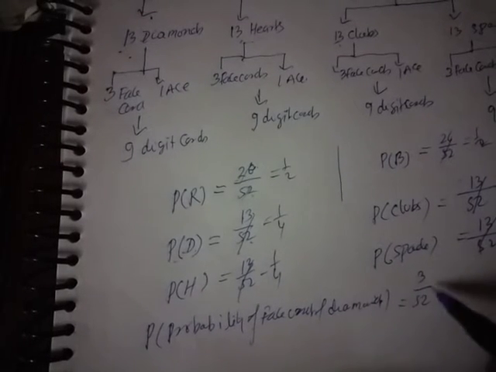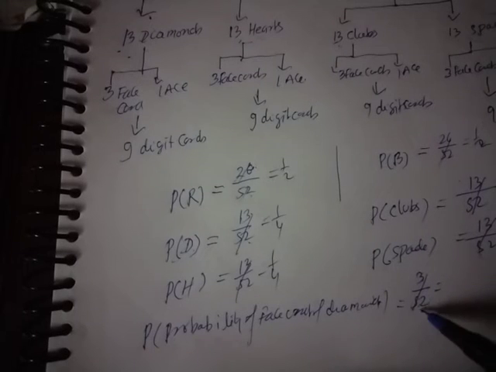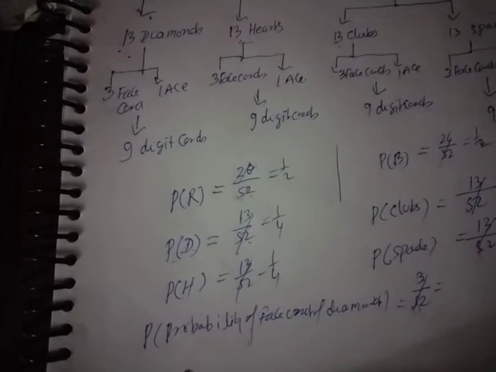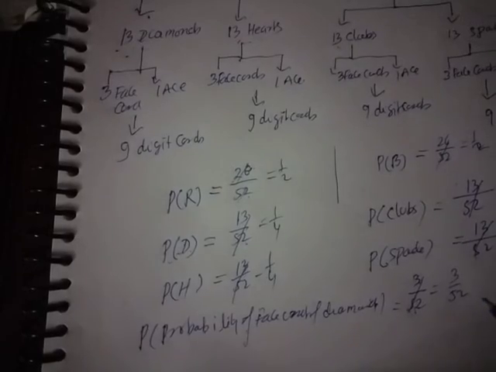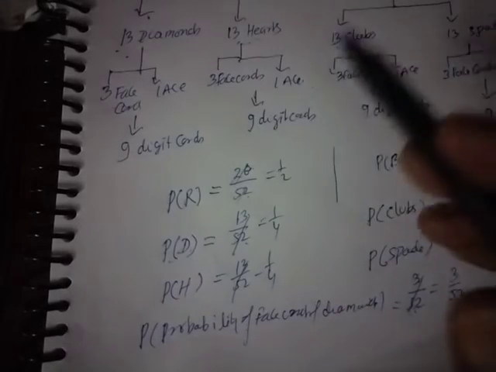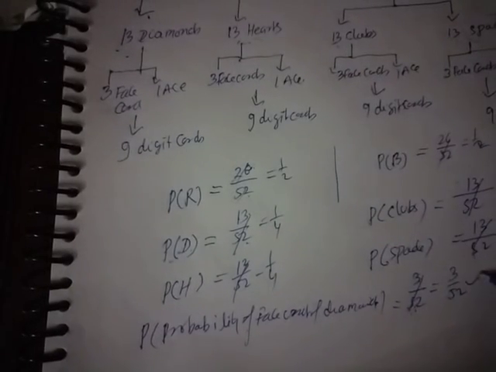That is 3 upon 52. The face cards of only diamond, 3 upon 52. If you have to find out the probability of the face cards of heart, then the same will be there.